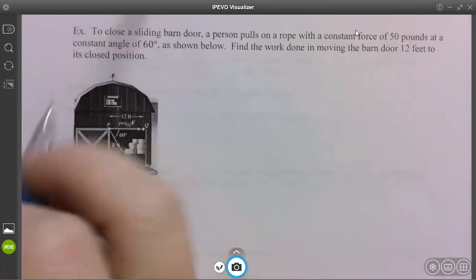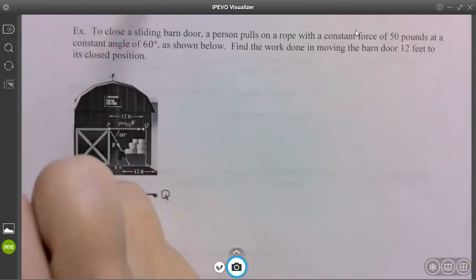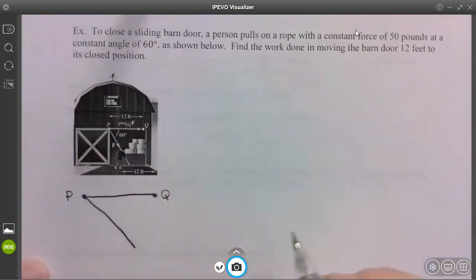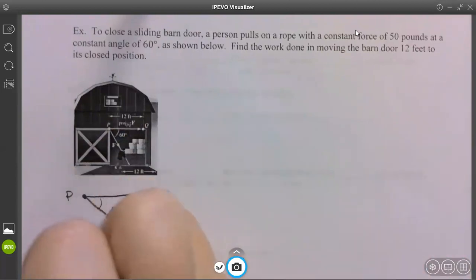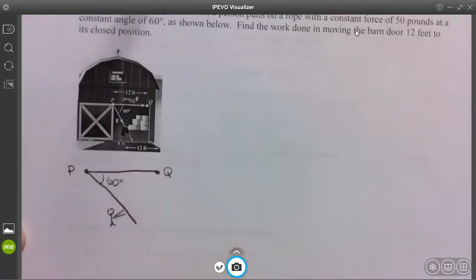This is Q, P. This angle is 60 degrees. So you got a little man with extremely long arms pulling on this rope. And we're trying to close it 12 feet.